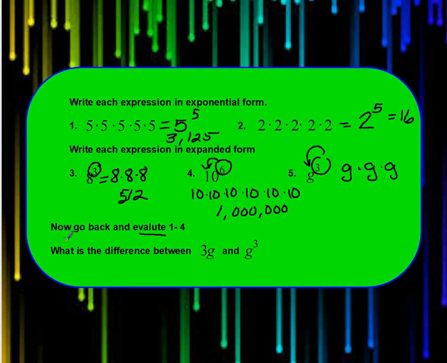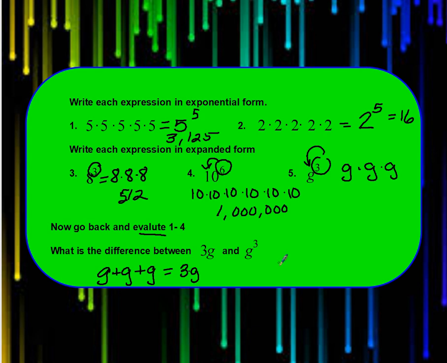And number 5, we can't obviously solve it because we don't know what G is. But we do need to say, what is the difference between 3G and G cubed? Well, 3G is 3 times G, which is G plus G plus G. So we're adding.